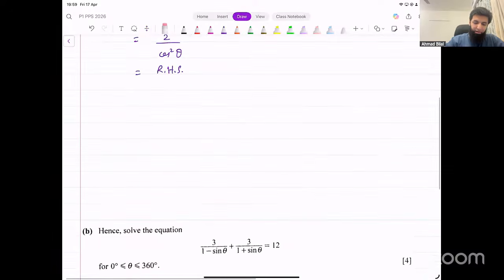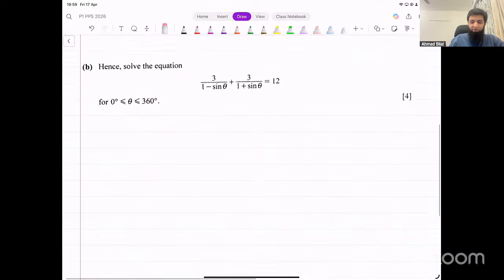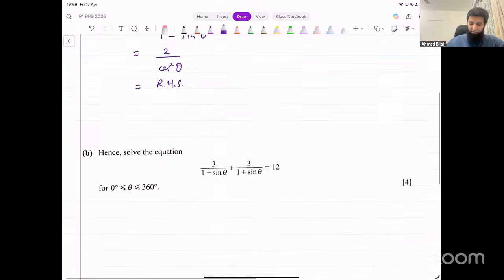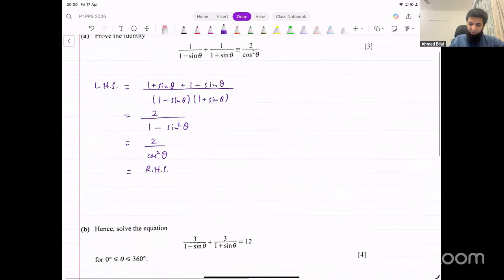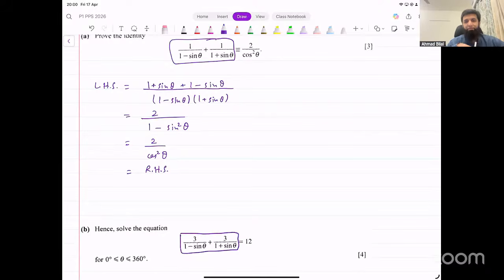That was part A. Now they're saying hence solve this equation. Now, is it related to the previous part? In the previous part on the left side, we had this expression. In the equation that they've given, we've got this expression. What's the difference between the two?